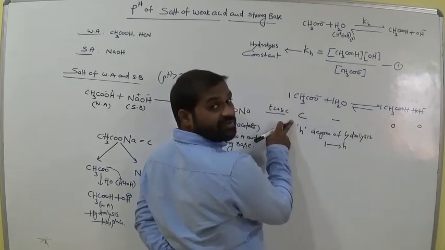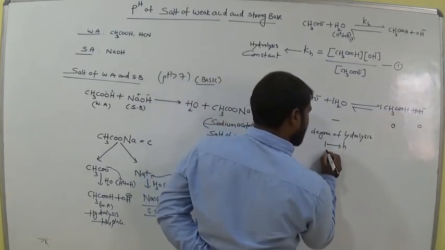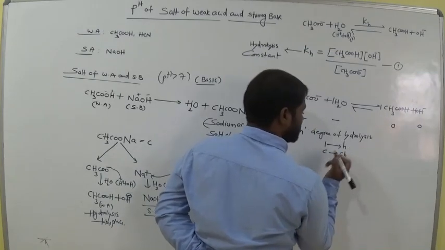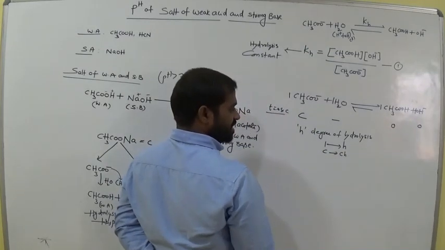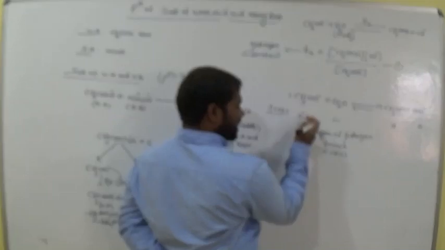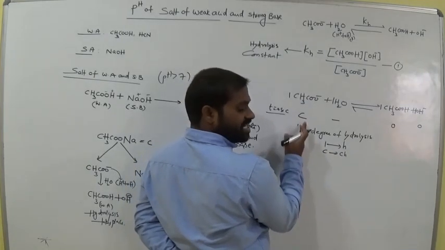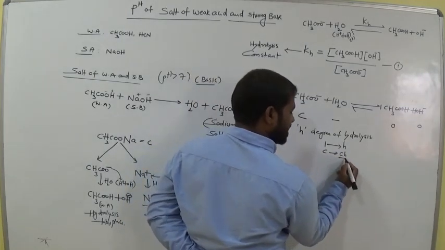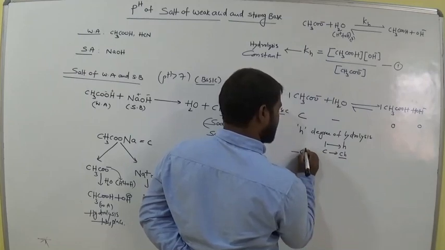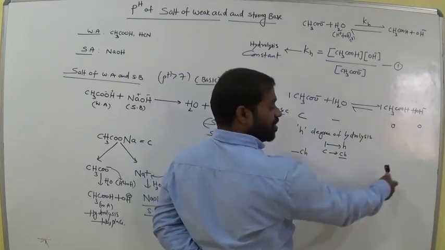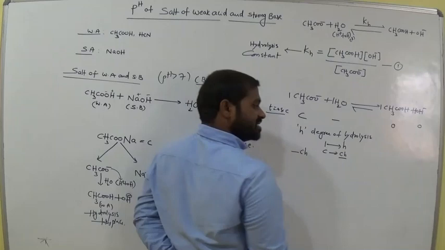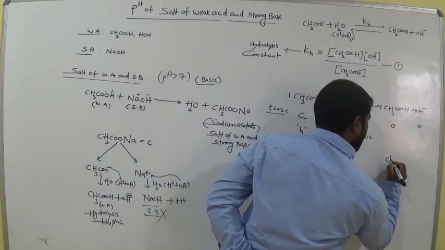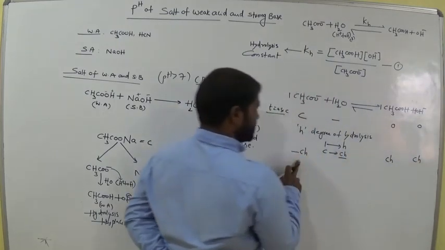But how many moles do we have here? C moles. For C moles it is Ch. Remember this. Now how many moles decrease from C here? Ch moles. Here it decreases, so minus Ch. Then how many moles are increased at the product side? The same, Ch. It increases, so it is plus.